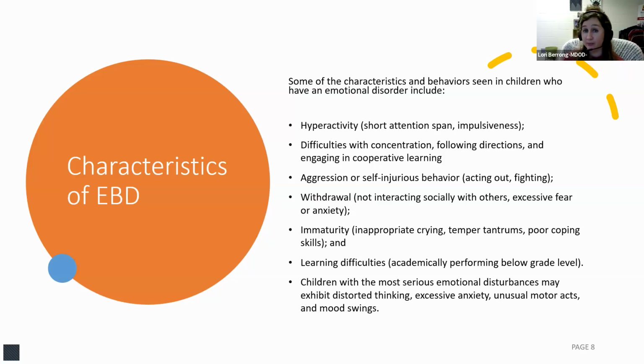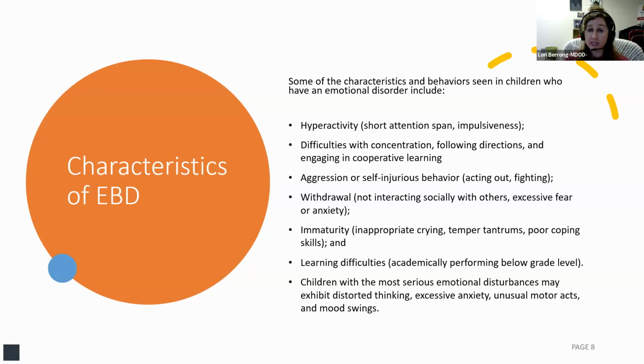So characteristics of EBD. This is broad and there can be more, but here are some, including hyperactivity. So that can be that short attention span and impulsiveness, difficulties with concentration, following directions, or engaging in cooperative learning. Those are two very specific characteristics in ADHD, whether it's the hyperactive form or the inattentive form. So again, maybe not considered an emotional behavioral disorder, but certainly those characteristics exist.